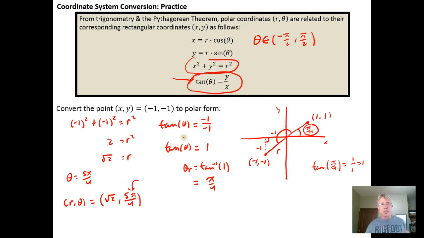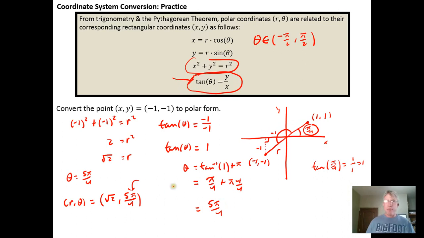So because of the quadrant we're in, the angle we're interested in is actually going to be the tangent inverse of 1 plus pi radians to rotate that angle around into the position we need. So then we get our common denominator by multiplying by 4 over 4, and we get 4 pi plus pi is 5 pi over 4.